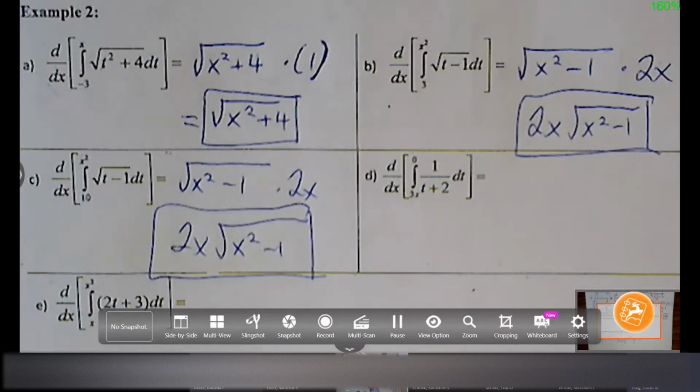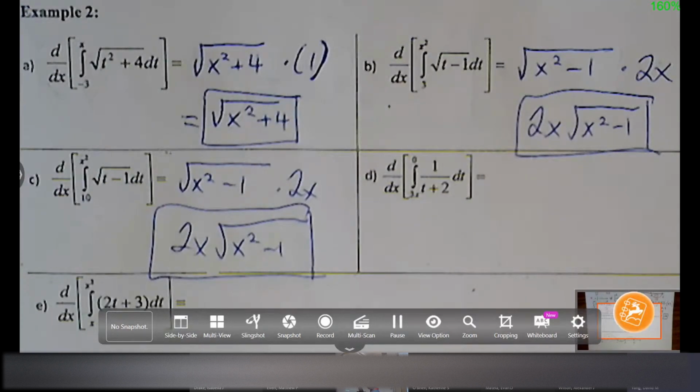All right, part D. Derivative and integral are going to be combining on top of an expression. But what's different about the setup here? Yeah, my upper bound is a constant, my lower bound is a variable, right? It doesn't quite fit into our formula that we want to use. So can I adjust it to make it fit my formula? You put a negative sign.